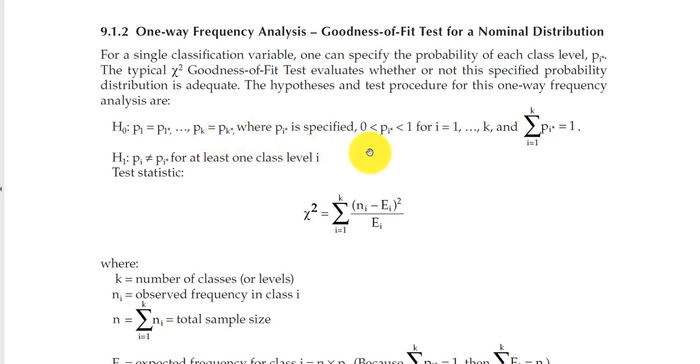The constraint is that these Pi stars are all between 0 and 1, and that they sum up to 1. That is, it is a discrete probability density. Once again, you compute the test statistic the same way: how many did you observe in that classification minus how many were expected under this probability distribution, and we reject for large values of chi-square.